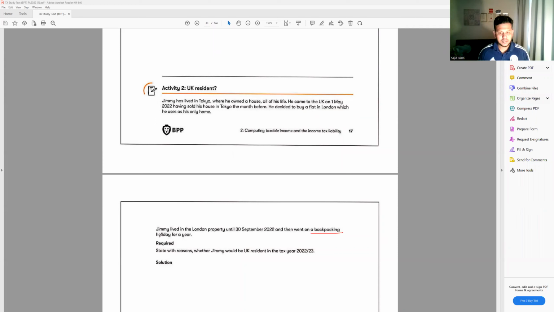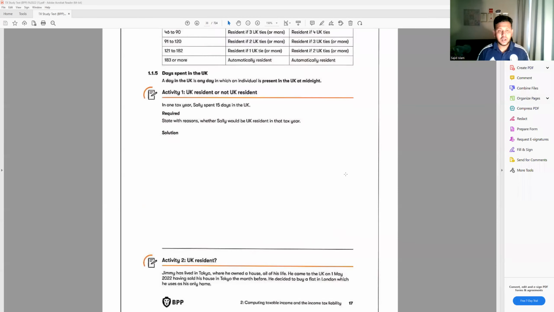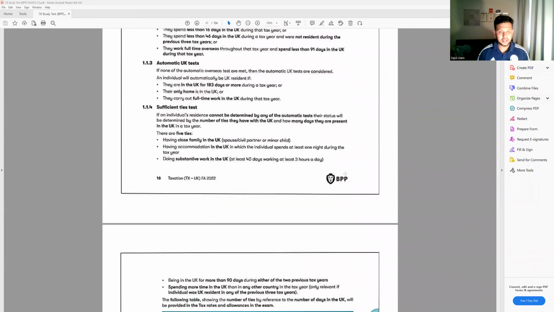So that means he is not working in Tokyo anymore. He permanently moved to London. He bought a flat in London. He said he will live here. So he will not go back to Tokyo anymore, and he doesn't work full time. So this overseas test does not satisfy him to say he's not automatically resident in the UK.